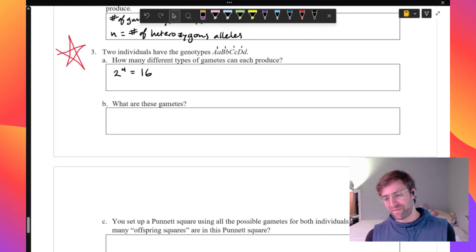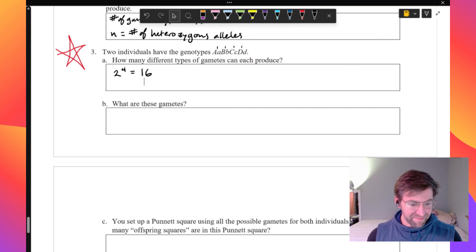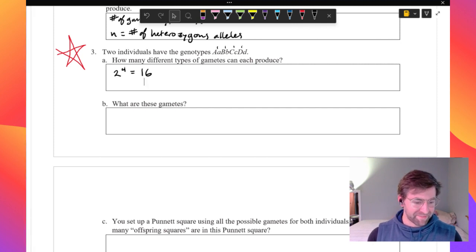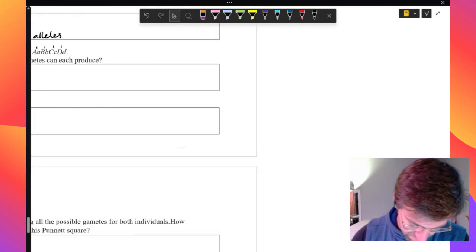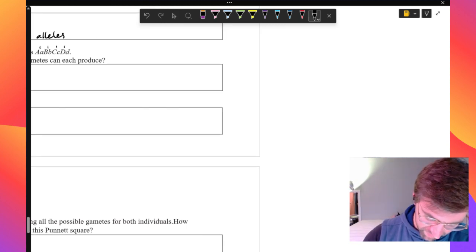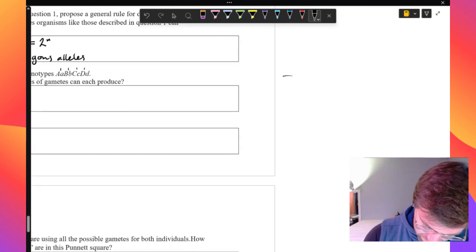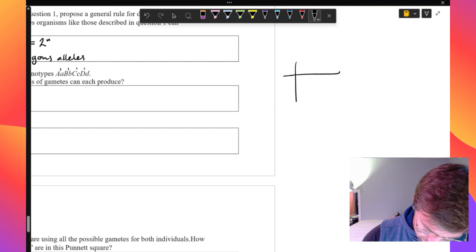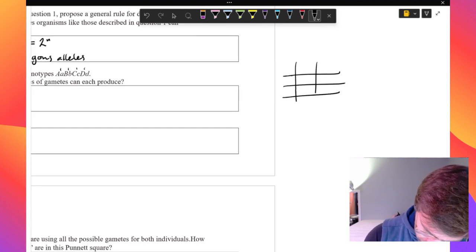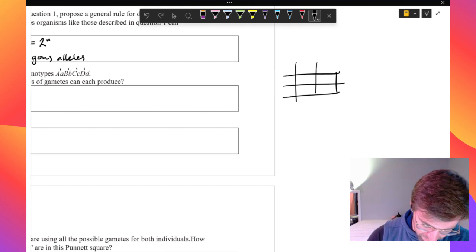Now this is a good opportunity to practice some Punnett squaring, but the only way to do this is to take 2 genes at a time, right? There, ye old Punnett square.